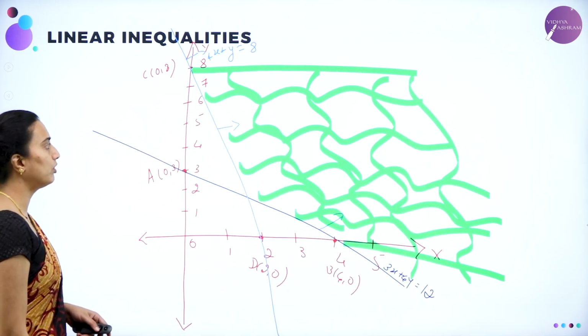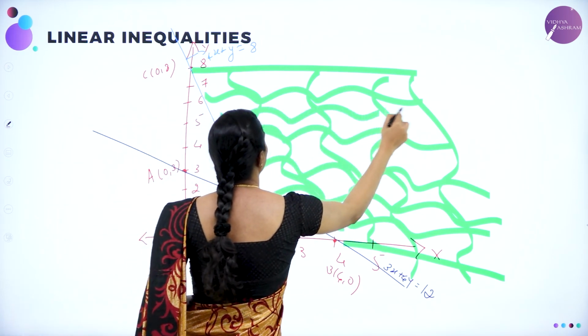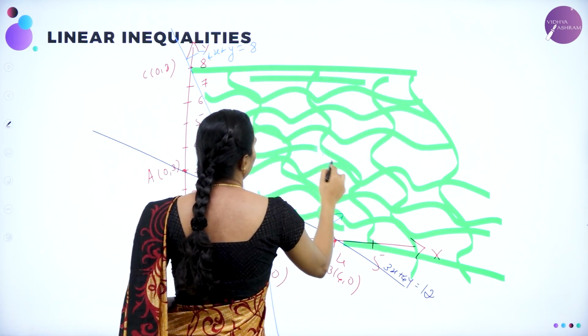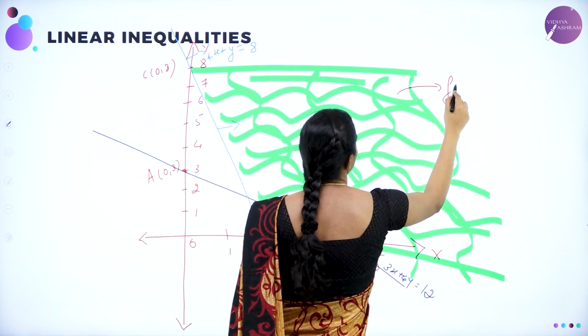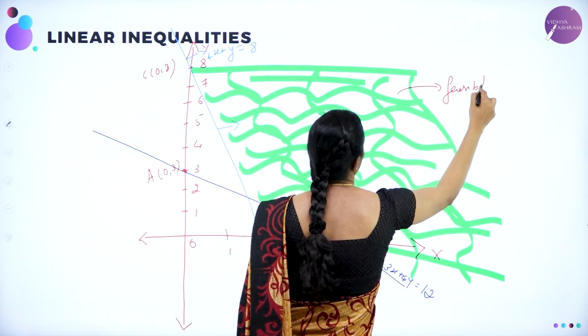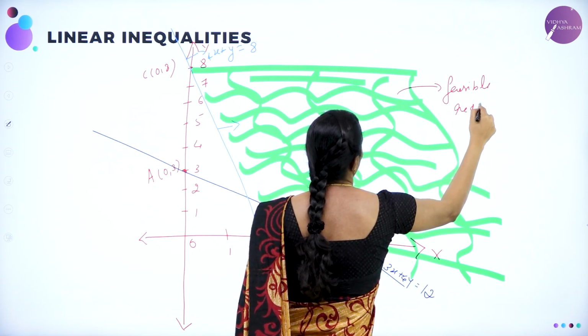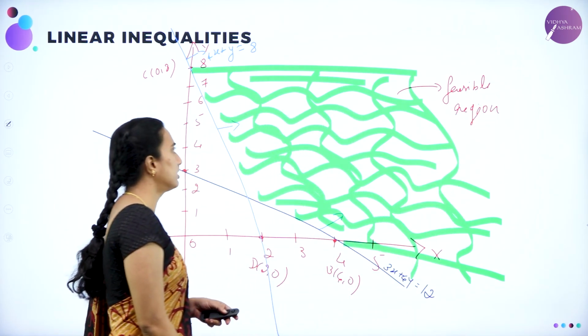Now this is what is going to be known as the feasible region, where both the regions are getting merged.